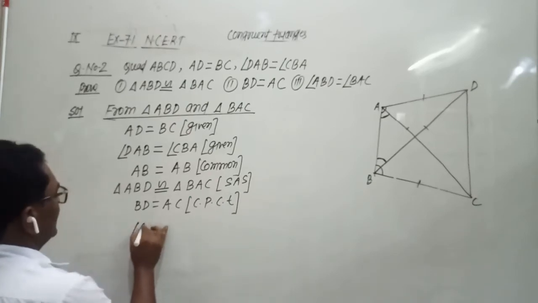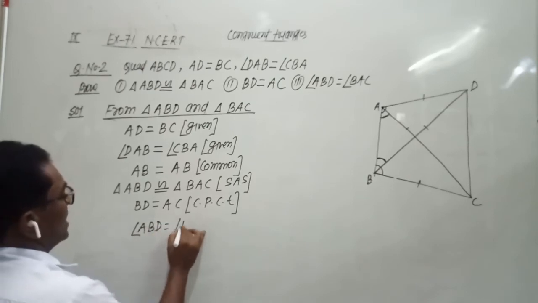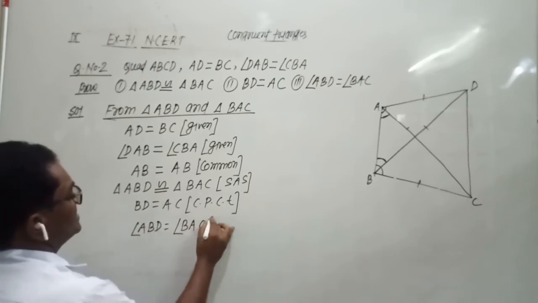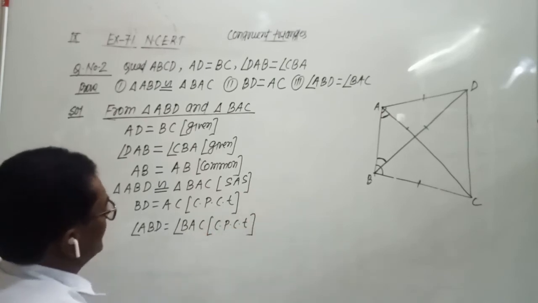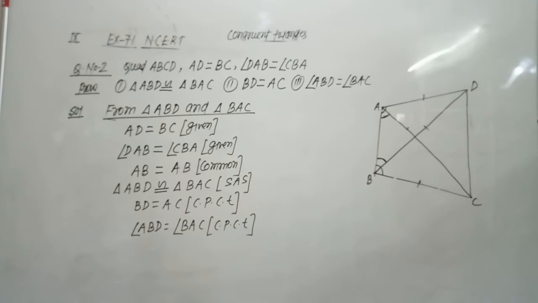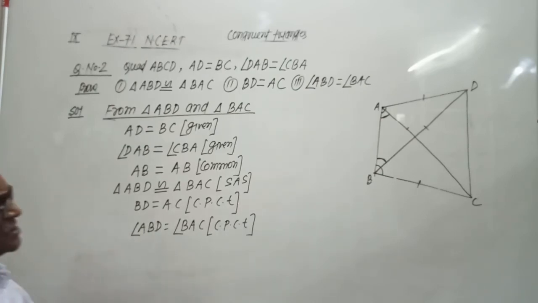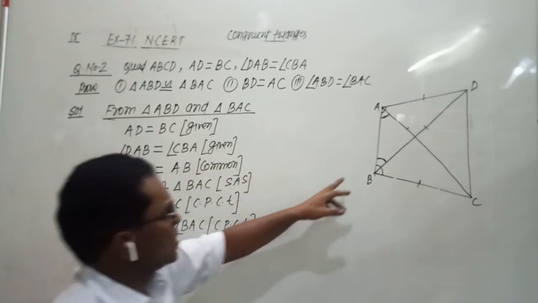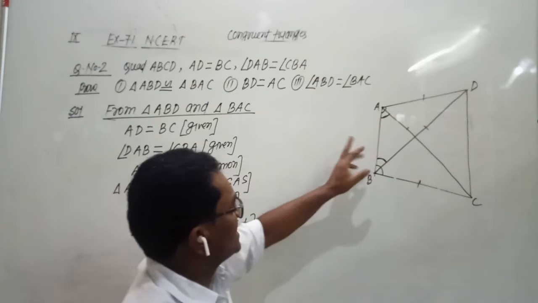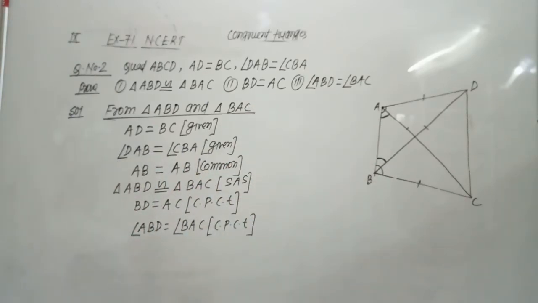So angle ABD equals angle BAC by CPCT, corresponding parts of congruent triangles. So firstly we prove that triangle ABD is congruent to triangle BAC, then by CPCT the other two parts are proved.